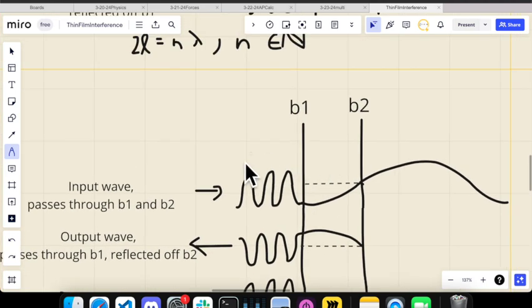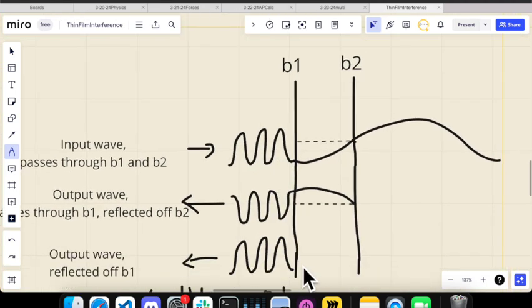It's coming down and moving to the left. We want an output wave that is a reflection of this, or a 180 degree phase shift off of this, right?